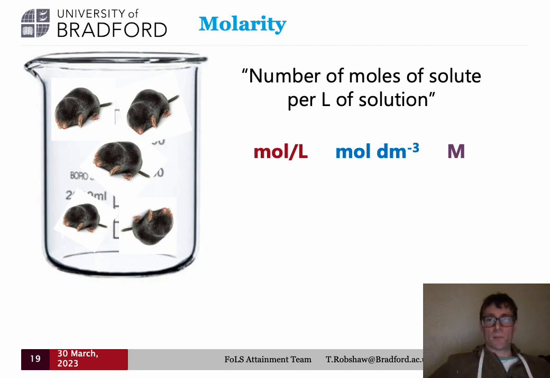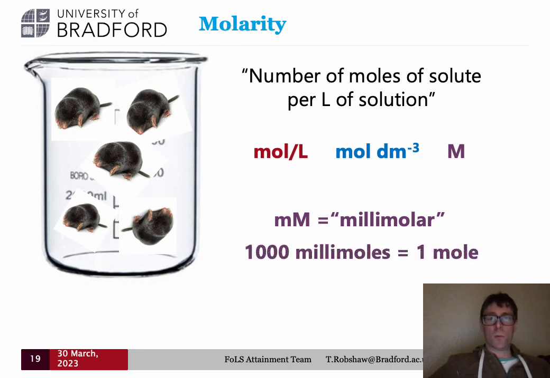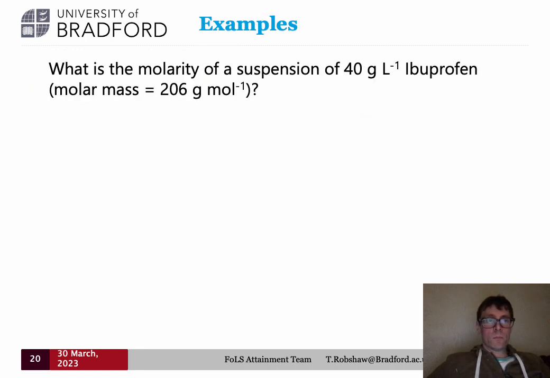Also common, especially in biochemistry, is millimolar. So a millimole is 1/1000th of a mole. It really does depend on what is the most convenient unit to use to talk about the sort of concentration ranges that you're dealing with.